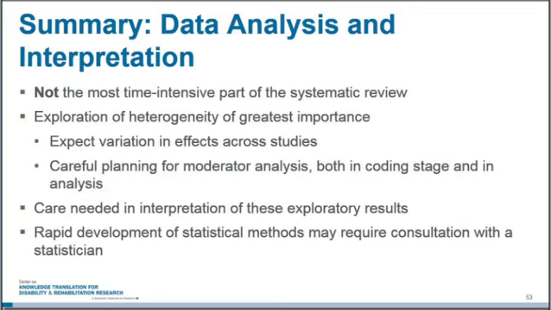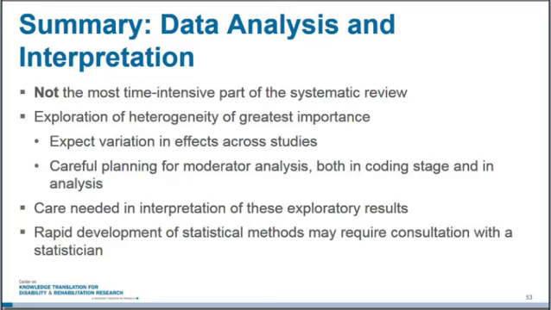So in summary, data analysis and interpretation. I always tell people this might be the stage that people feel most anxious about, but it is certainly not the most time-intensive part of the systematic review. Most of the time, again, is in coding. But if you're going to use meta-analysis, the exploration of heterogeneity is really of greatest importance because we expect variation across effects in studies.